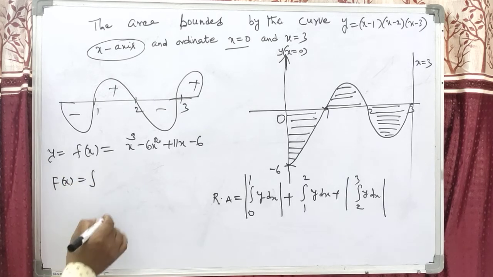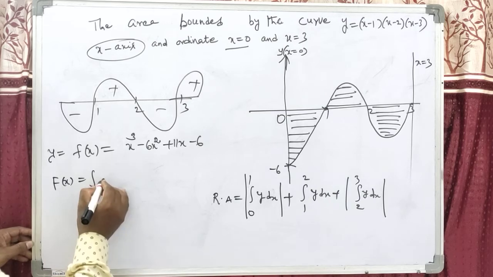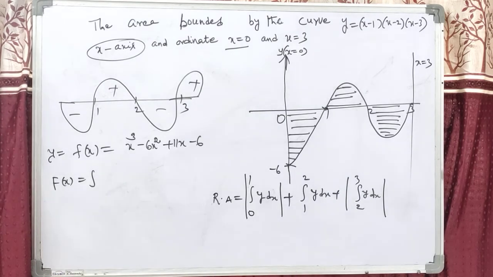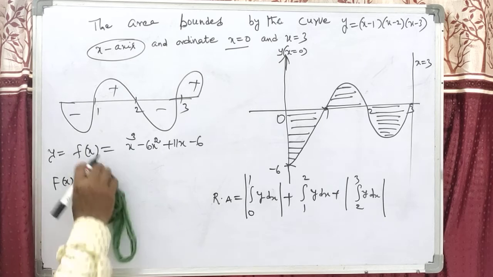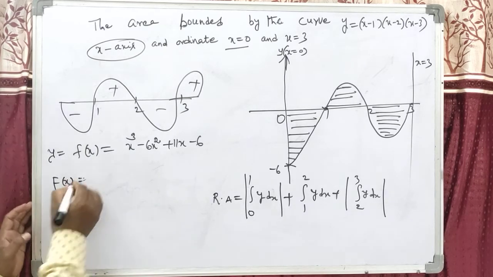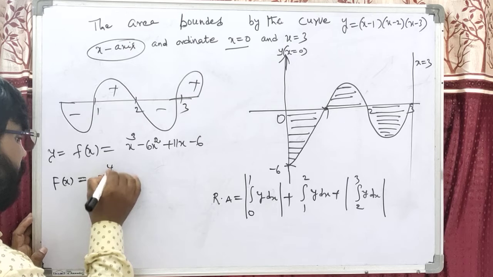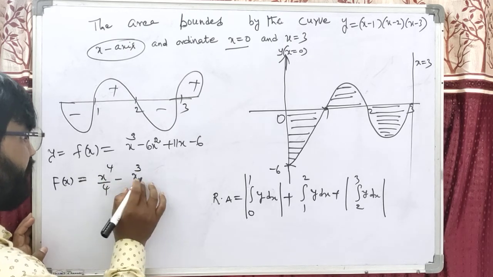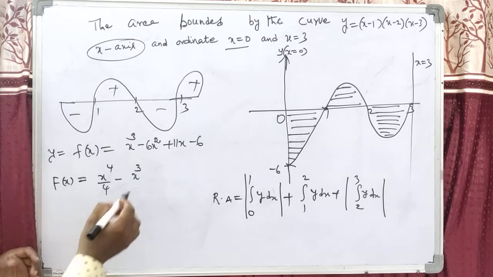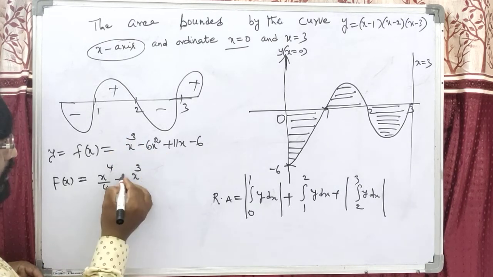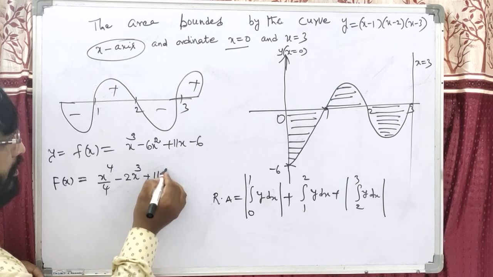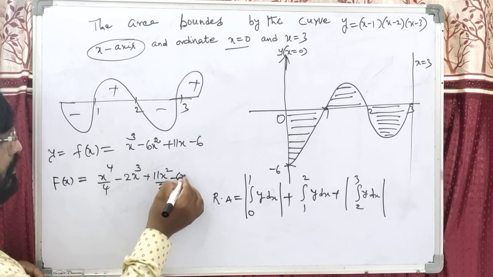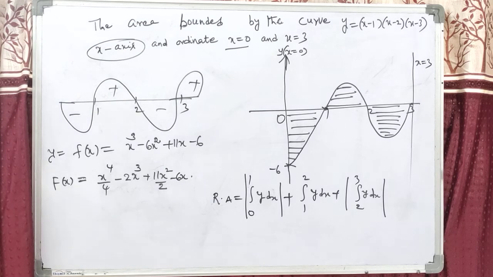Now we can write the integral: x power 4 by 4 minus 6x cube by 3, plus 11x square by 2, minus 6x. Okay students, this is the f of x.